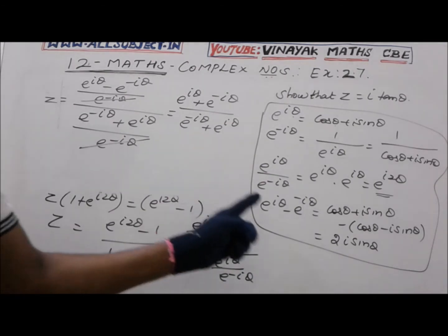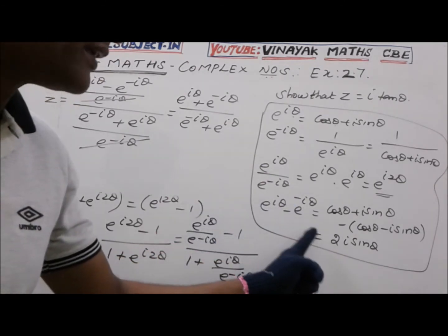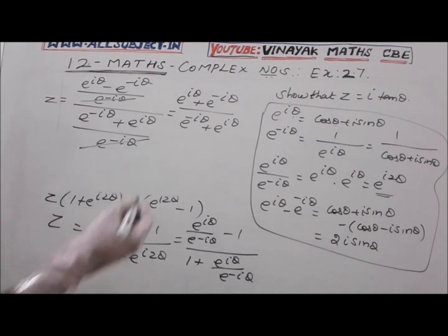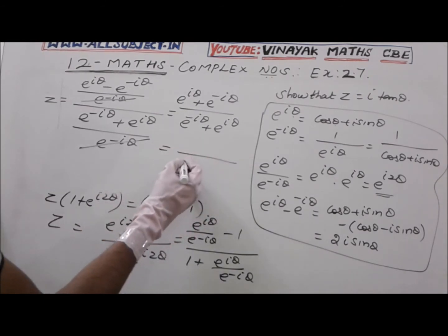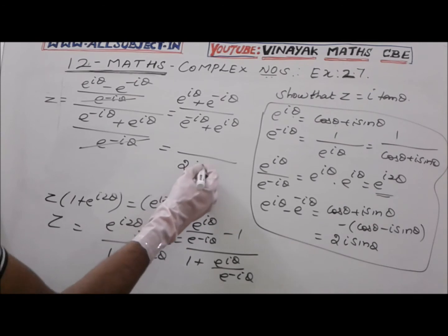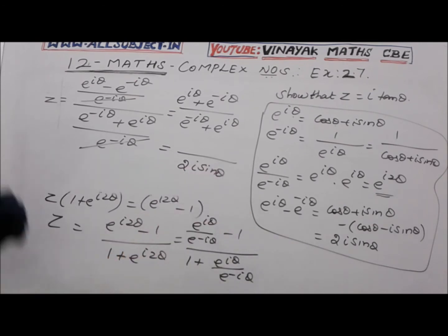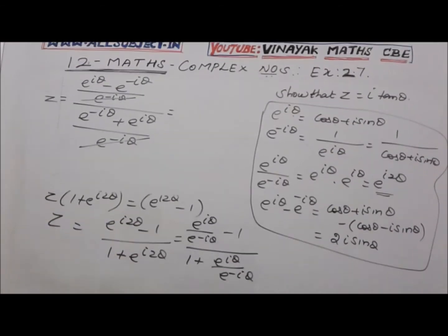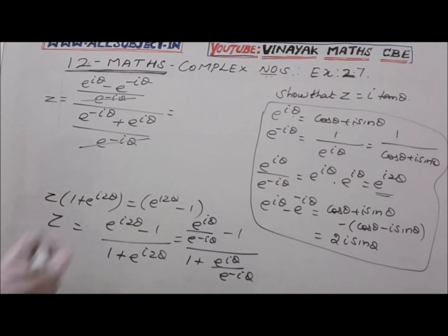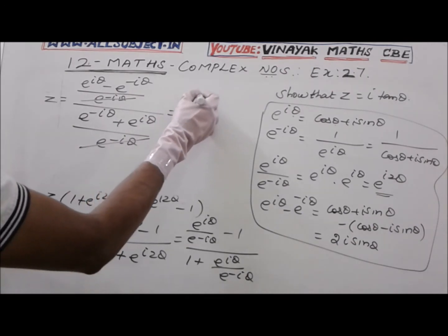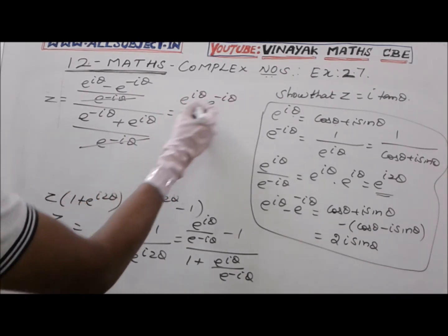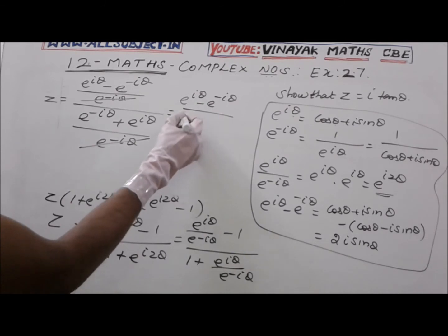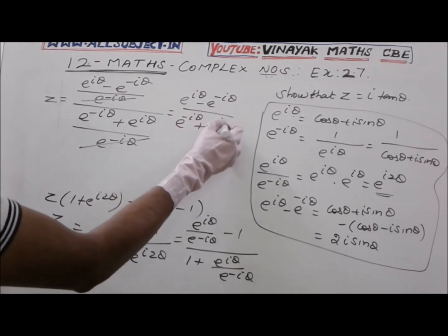Now look here, e power i theta minus e power minus i theta is 2i sin theta. So the numerator is 2i sin theta. And look at the denominator, e power minus i theta plus e power plus i theta.